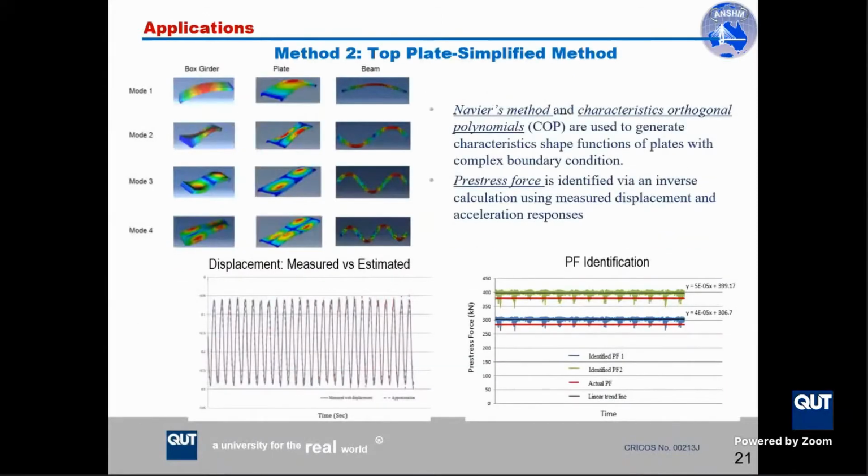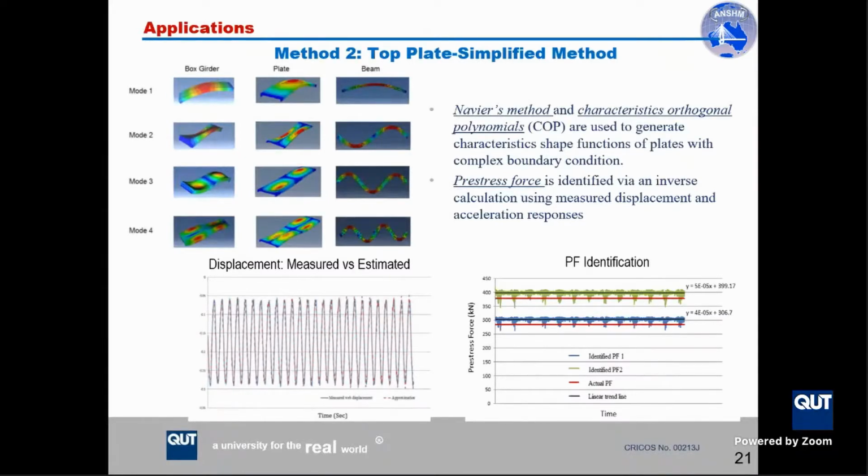The second method is based on the simplification of the box girder bridge by a top plate. So instead of modeling a box girder bridge, we only model the top plate of the box girder bridge.